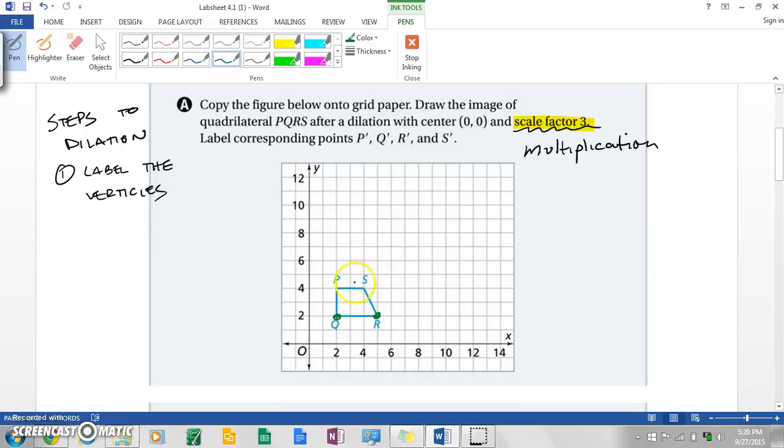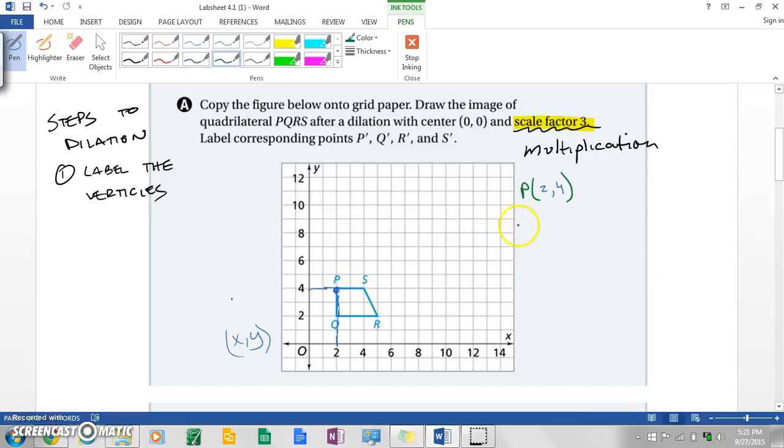In order to figure out what our bigger shape is going to be, we need to first know where these shapes lie on our graph. So let's label these. We'll start with P. If it helps, some like to show that we start here, we trace down to our X. The X coordinate always comes first when we label our vertices. So the X would come first, so P would be 2, Y would be 4, so point P would be 2, 4.